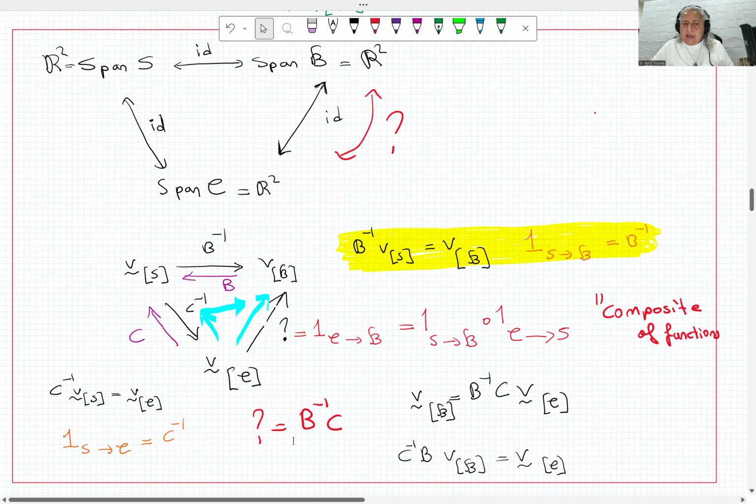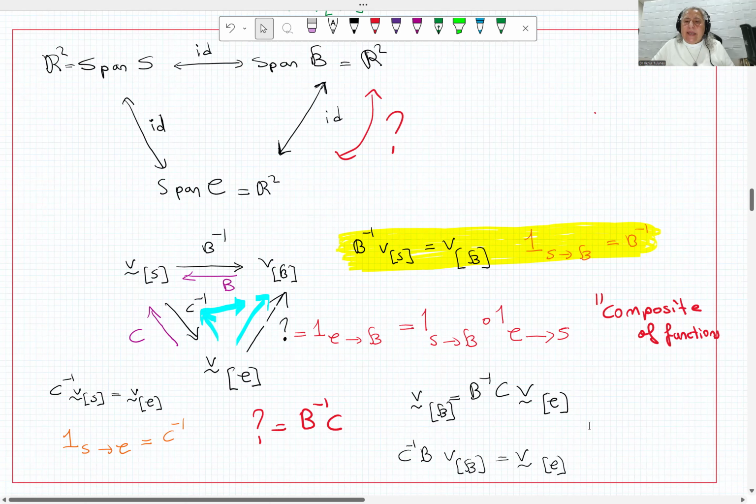So this is that one. B inverse C will give us that question mark place. So when we write it down, when we take the coordinate vector with respect to C and then apply B inverse C, tac, it will give us the coordinate vector with respect to B. So this is what I wrote here.